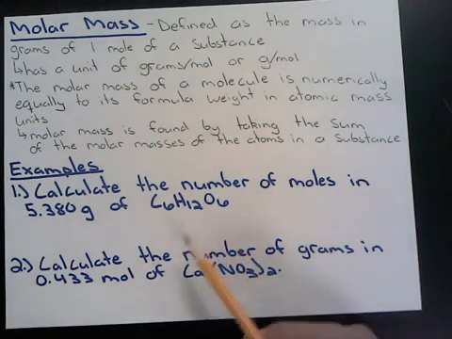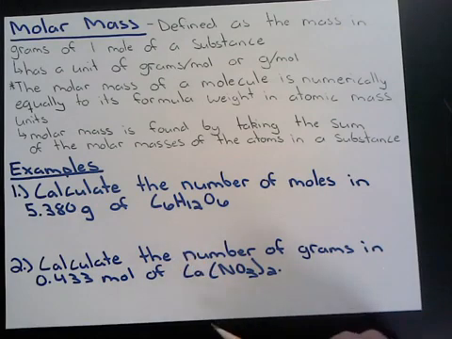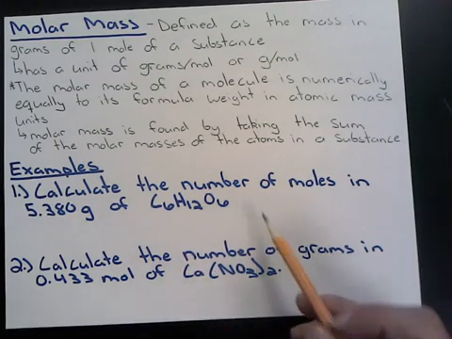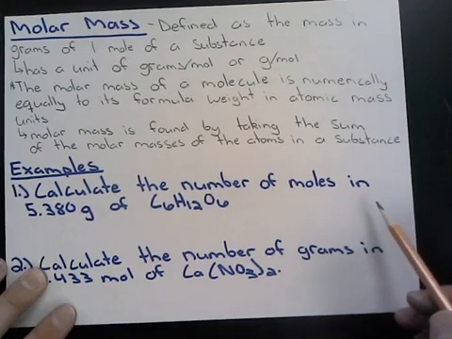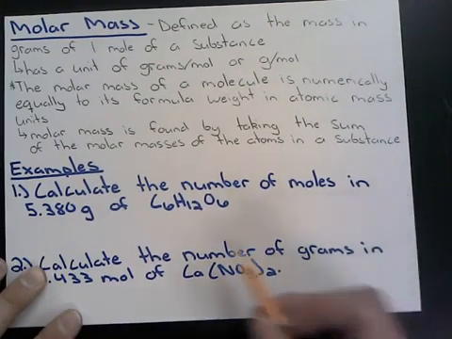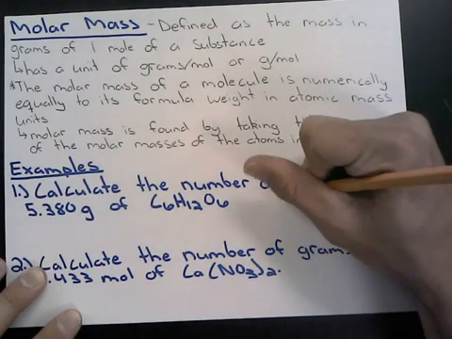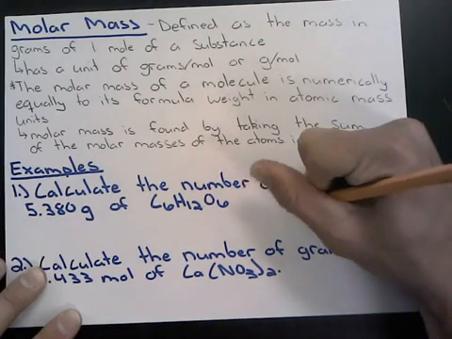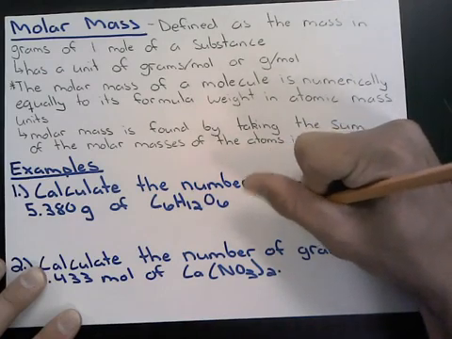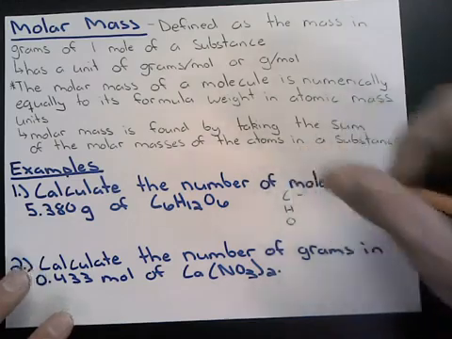So the first thing that we have to do here is find the molar mass of this particular substance. So I'm going to write the molar mass over here to the right of our sugar. The molar mass here contains carbon, hydrogen, and oxygen.